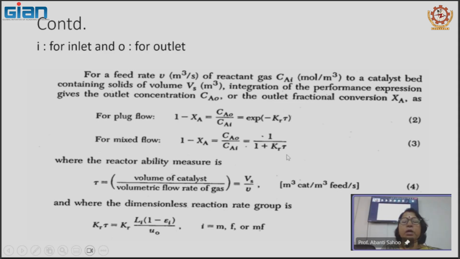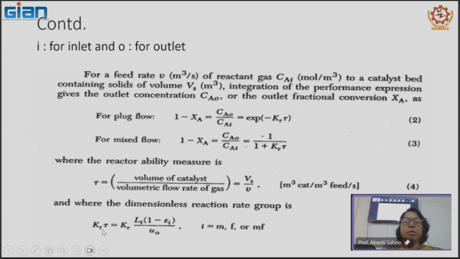Here the reactor ability to measure is tau, which is the volume of the catalyst or solid particles divided by the volumetric flow rate of the gas, so Vs by V. The dimensionless reaction rate will be Kr into tau, an equation we will be using in the numericals.